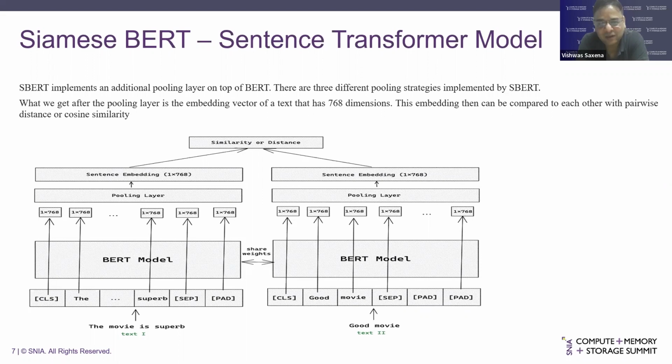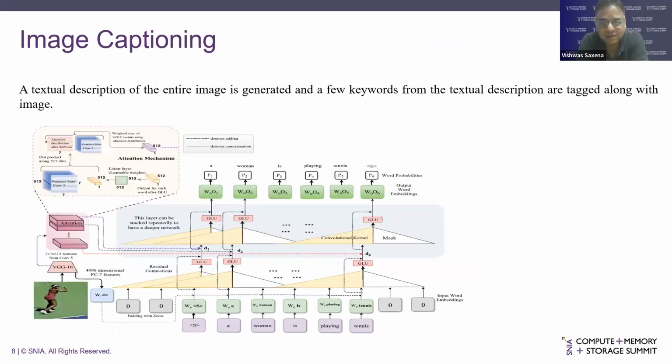That's how we can compute the similarity of a particular sentence. So that's the main reason why the Siamese BERT network is picked. It beautifully captures a semantic context of a particular sentence, basically capturing the relations between the words.